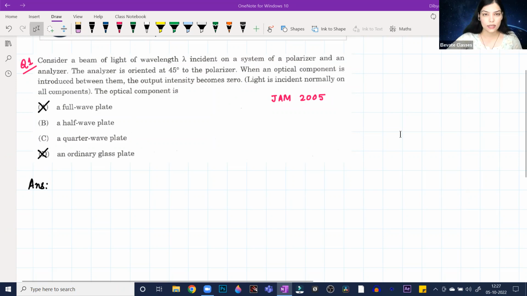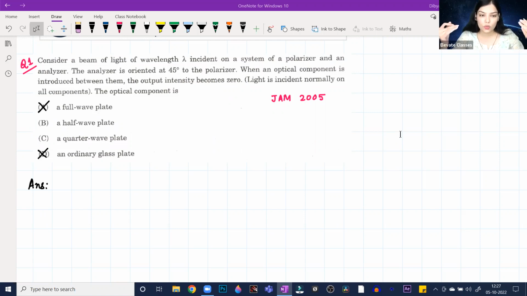So see, how do we have to think about the problems? Just as we discussed in the last class, always remember that the half wave plate will do some kind of rotation, or it will change the handedness of a circular or elliptically polarized light, but it will not change the nature of the light. Circular polarization will still remain circular polarization. A plane or P state, plane polarized light, would still remain plane polarized light after passing through a half wave plate.